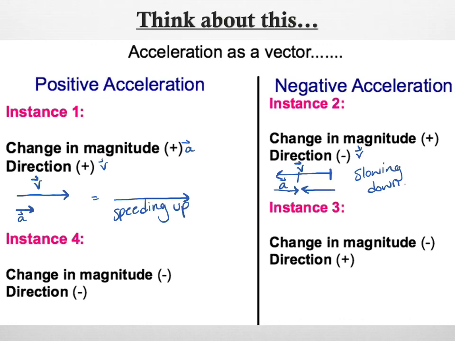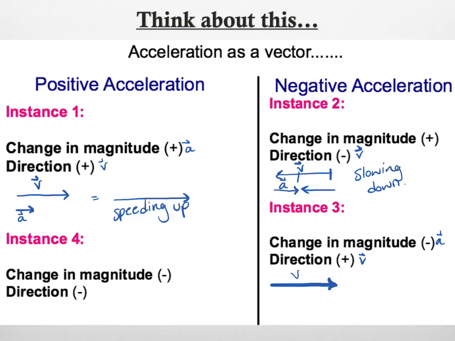Okay. So that's positive acceleration, but guess what? It's slowing down. So again, just because it has positive acceleration does not mean that it's getting faster. Okay, let's go over instance 3 here. So we have a positive direction initially, but the change in magnitude, the acceleration, is going to be in a negative direction. So say something's going to the right to begin with.